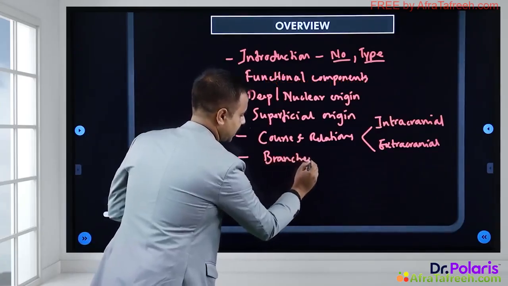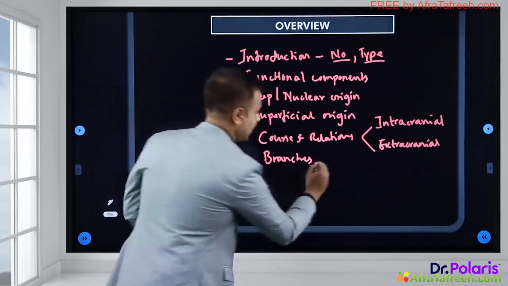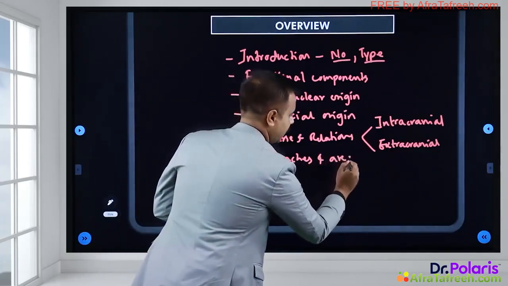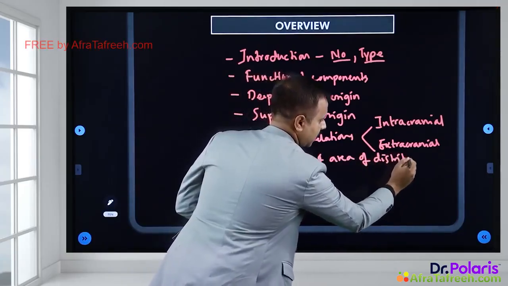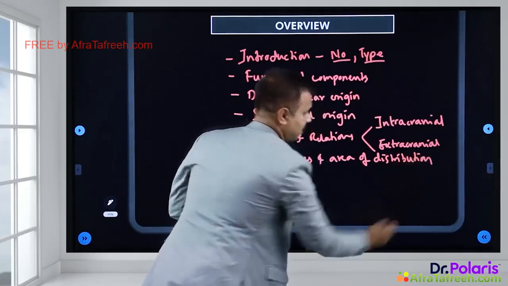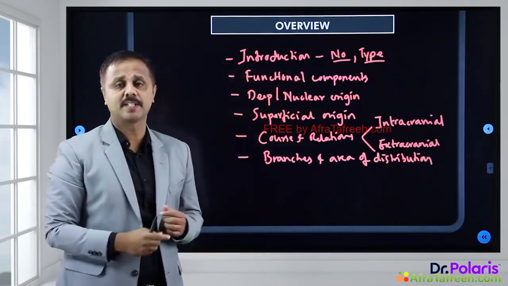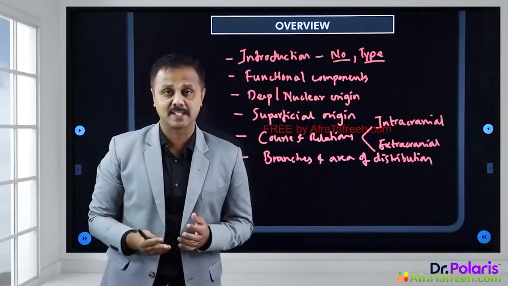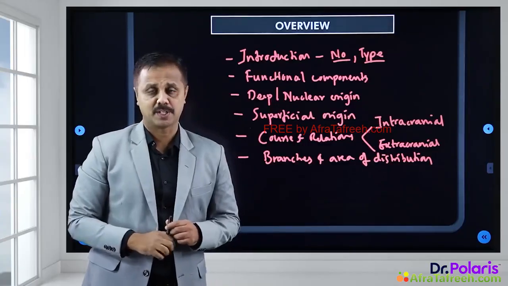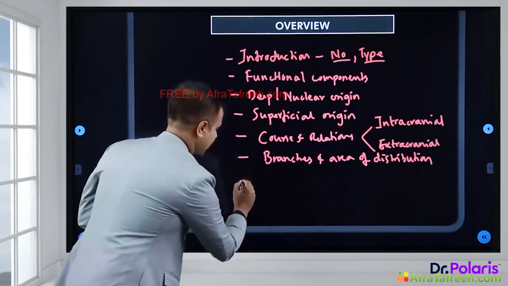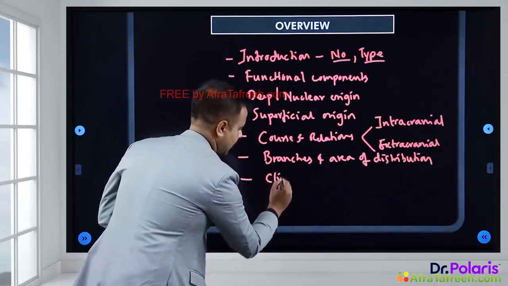What are the branches the nerve will give off? And the area of distribution. What area it supplies, what structures it supplies, whether it supplies muscles, whether it supplies glands, right? So that's what you need to know in branches and area of distribution. Once you know this, the last thing is to mention about the clinical anatomy.